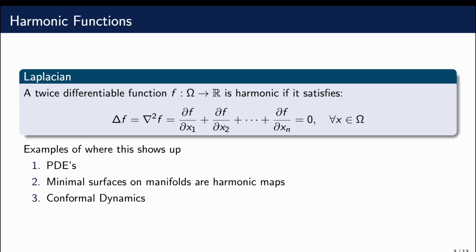Harmonic functions are super common. They show up everywhere in PDEs, but you also get them showing up in cases of minimal surfaces on manifolds. Those are harmonic maps. And same with conformal dynamics. You're looking at repeated iteration of conformal mapping, and a lot of that deals with these harmonic functions in the complex plane.